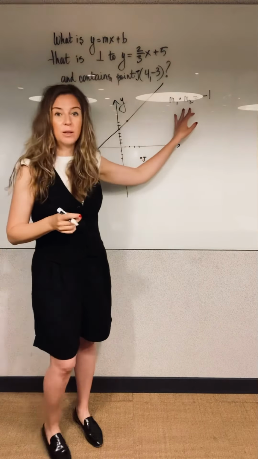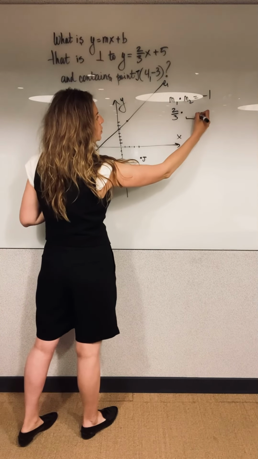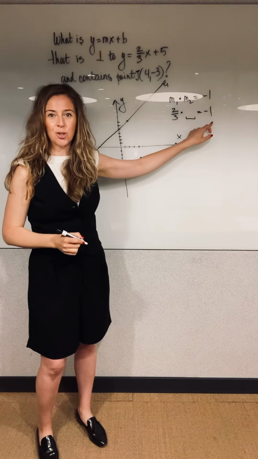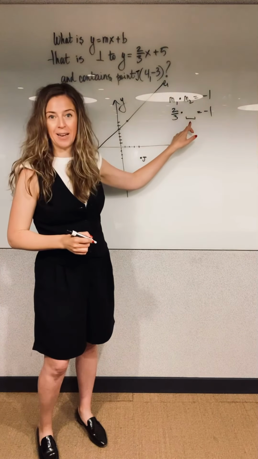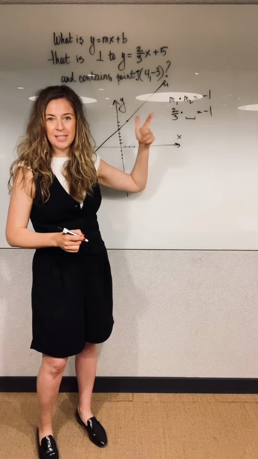What does it mean? This line here has slope 2/3, and we can call it L1. What do we need to multiply 2/3 by to get -1? First of all, it has to be negative. Second, usually it's the reciprocal, or flip.